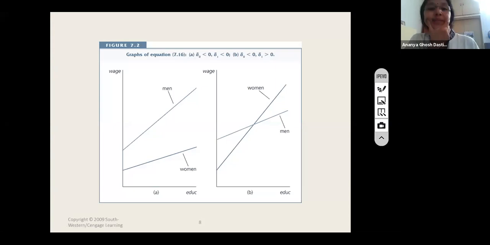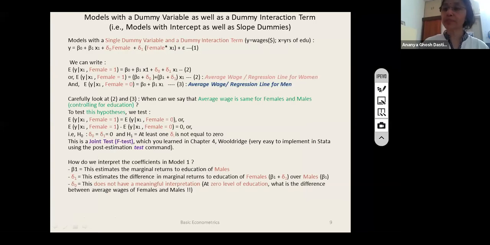So the male and the female regression lines can actually be completely different in the following sense. You can also use dummy variables and allow for all of these cases where the lines for men and women not only have different intercepts, but also different slopes.